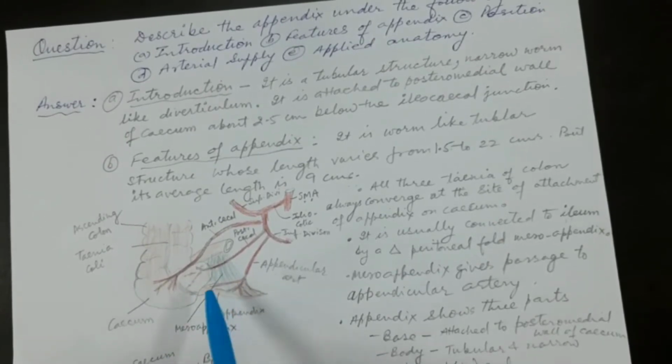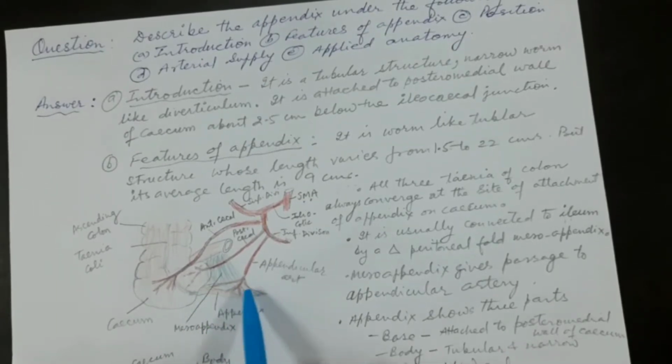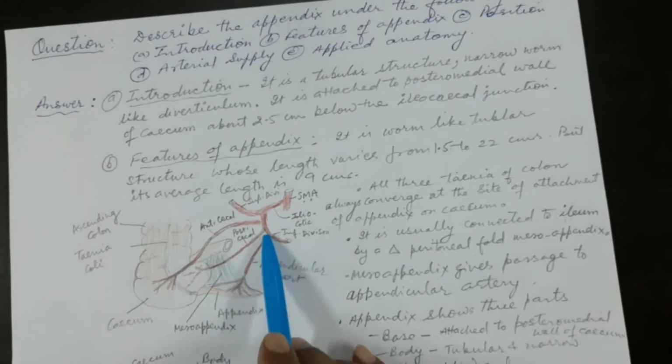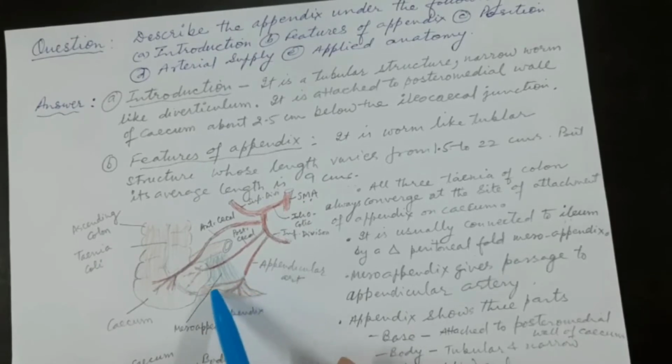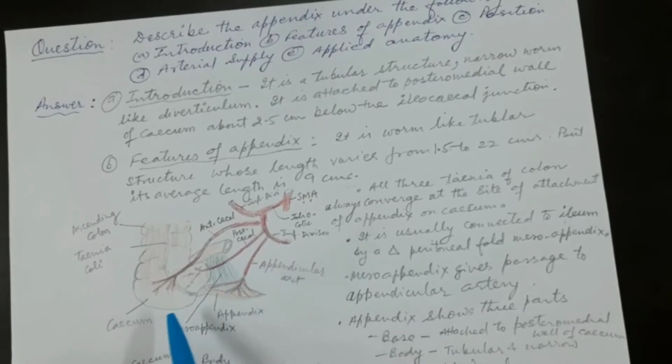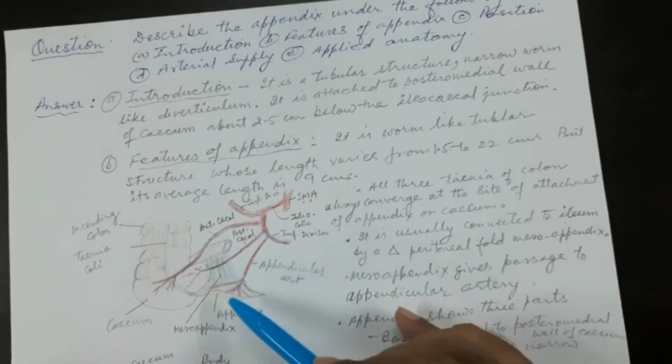This mesentery of the appendix gives passage to the appendicular artery. That means the appendicular artery and its branches pass through the two layers of the mesoappendix and supply the appendix. Let us see the appendicular artery, from where it is coming.